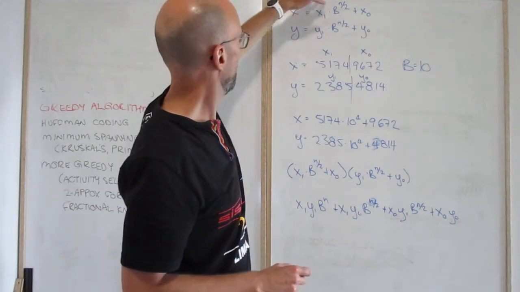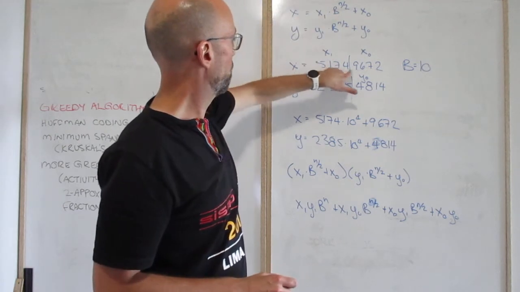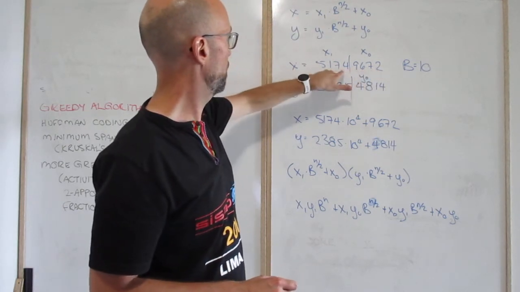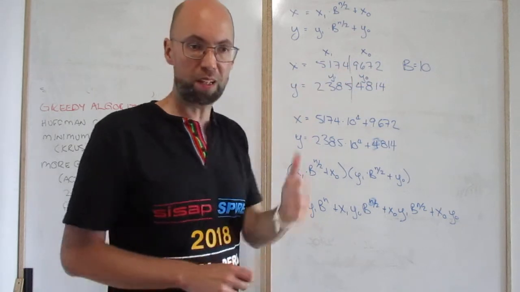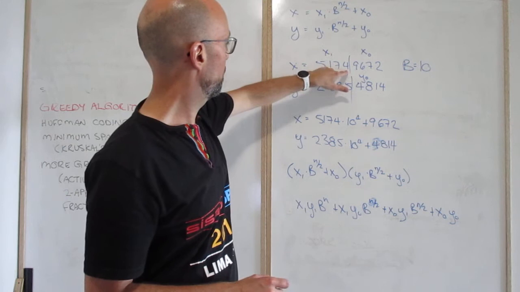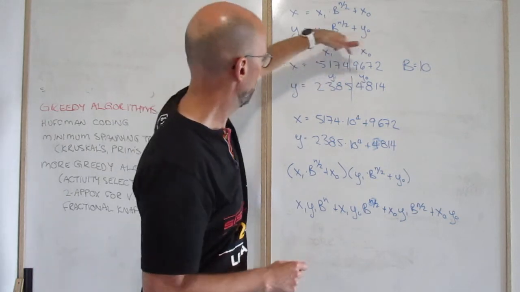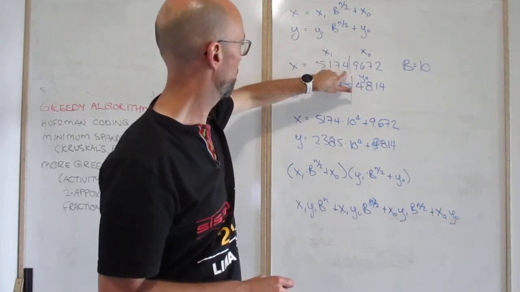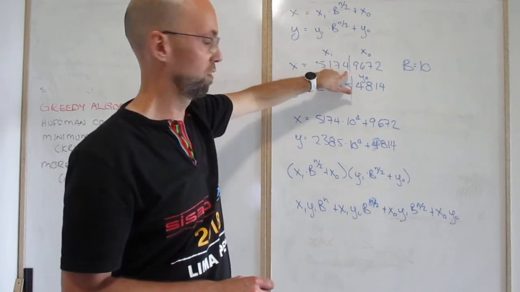This 4 gets left shifted n over 2 spaces, right? So it's this 4 in the whole of x. This 4 is not a 4, this is a 40,000.